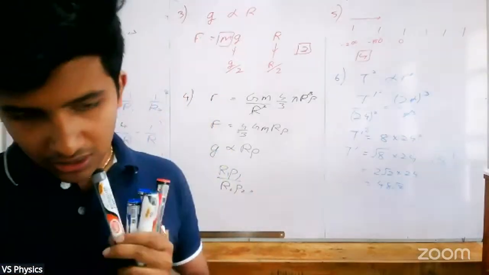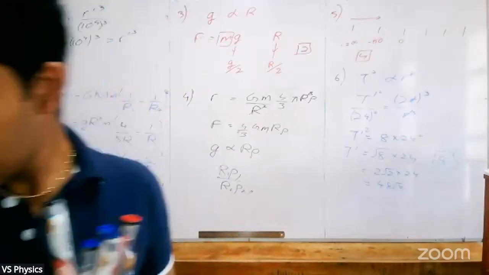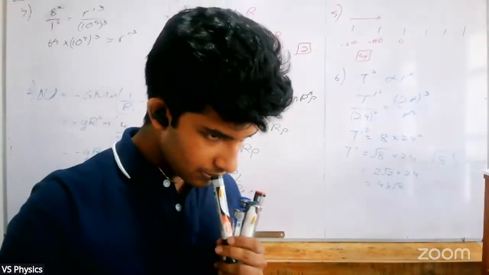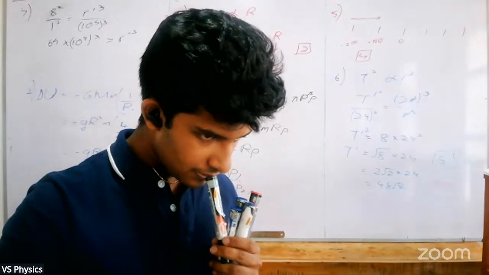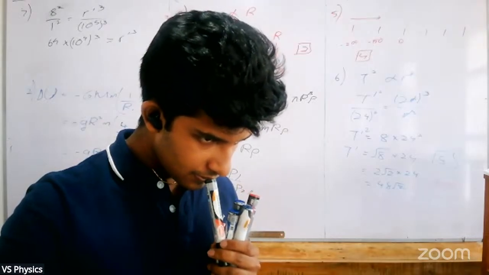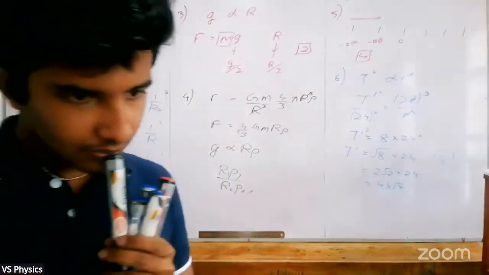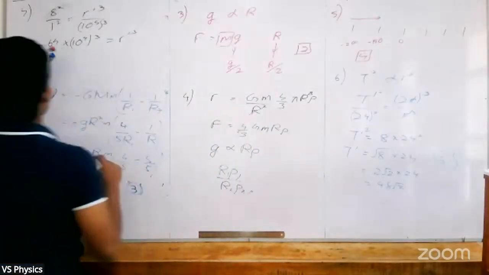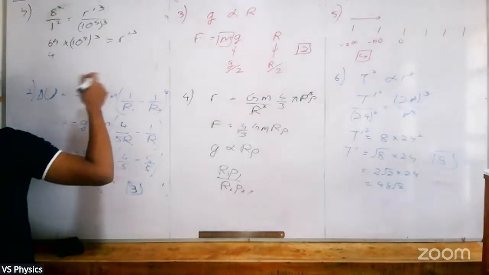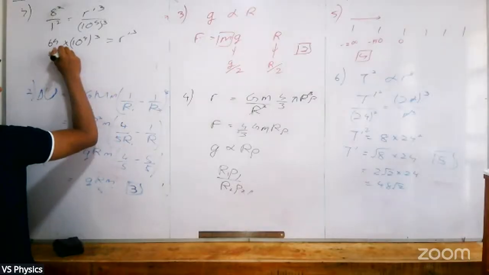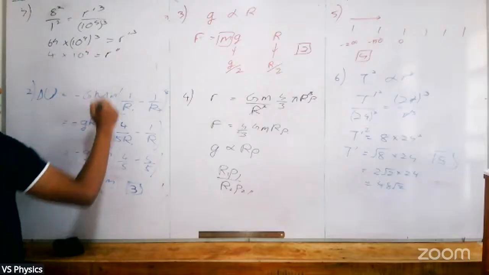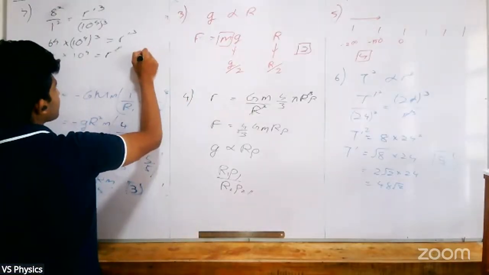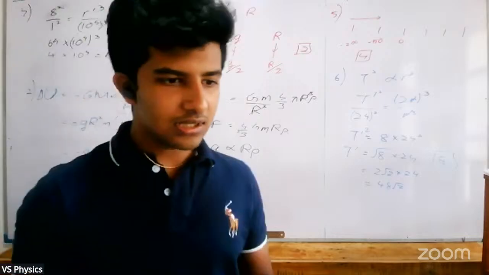What is the cube root of 64? It is 4. If you just check, 4 times 4 is 16, 16 times 4 is 64. Cancelling with 10 to the power 4, r dash is equal to 4 times 10 to the power 4. That is the fourth answer. That is the seventh question.